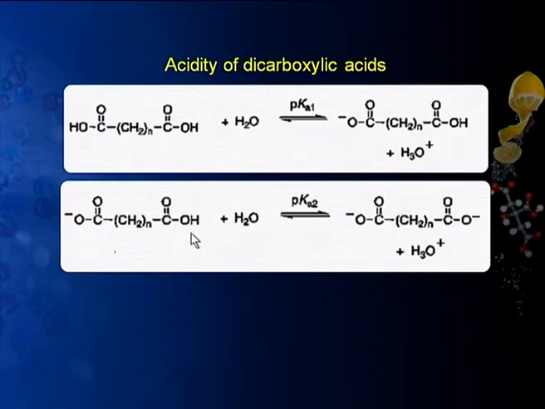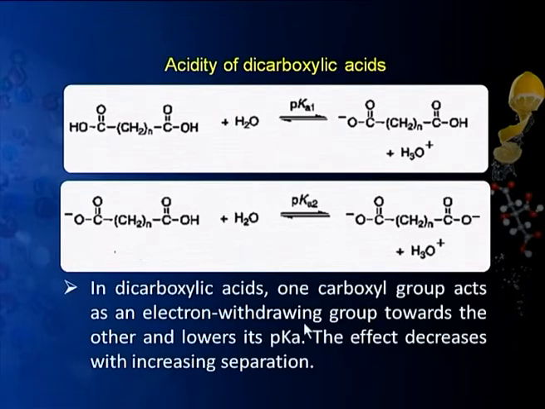So, that loss of this H plus ion now will be slightly difficult. And second, if the gap between the two carboxyl groups is more, then the effect on each other is also less, because one carboxyl group acts as an electron withdrawing group towards the other carboxyl group, and it lowers the pKa, means it enhances the acidic strength.